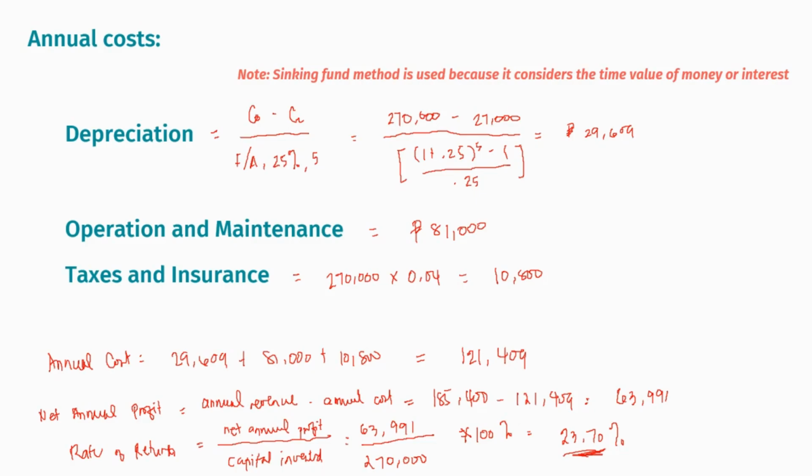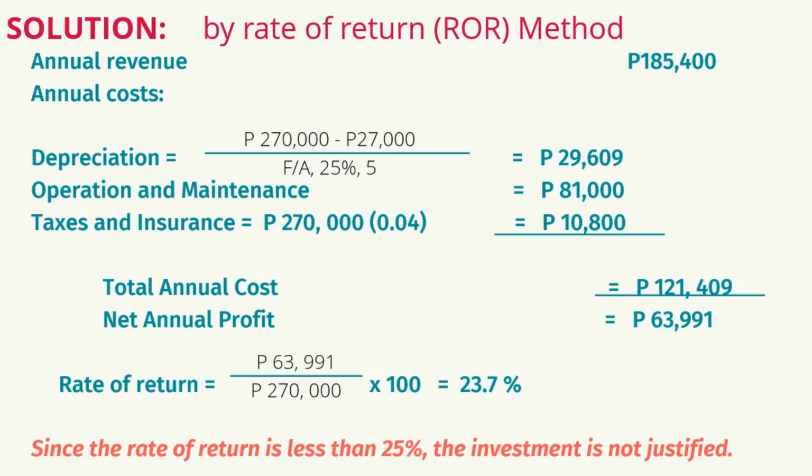So this is the summary of the computation or the solution by the rate of return method. The annual revenue is 185,400. Annual cost, depreciation, operation and maintenance, taxes and insurance, inadd lahat, that is total to 121,409. Isa-subtract mo kasi net annual profit is annual revenue minus annual cost. So, the net annual profit is 63,991.